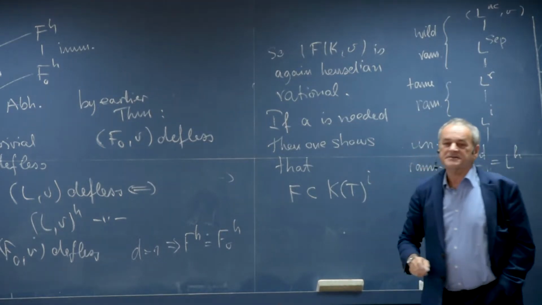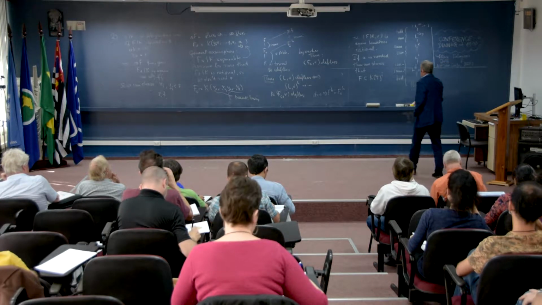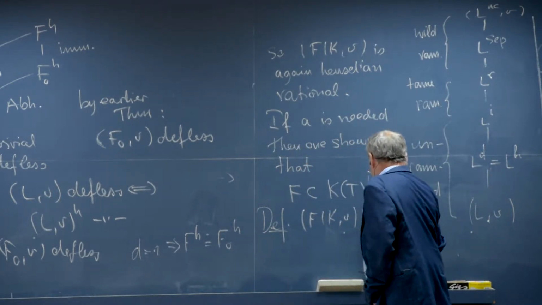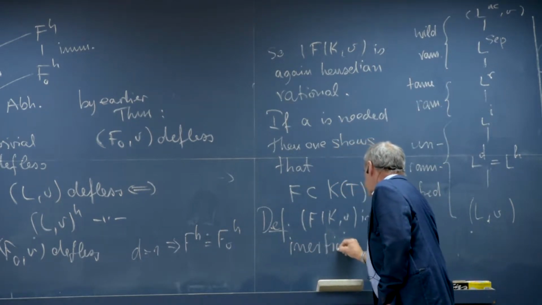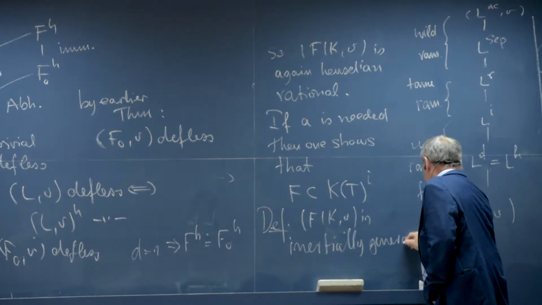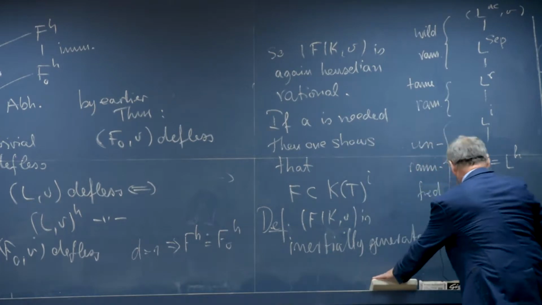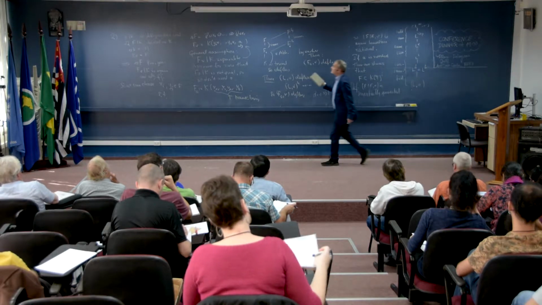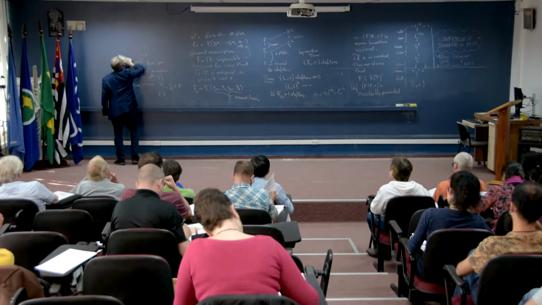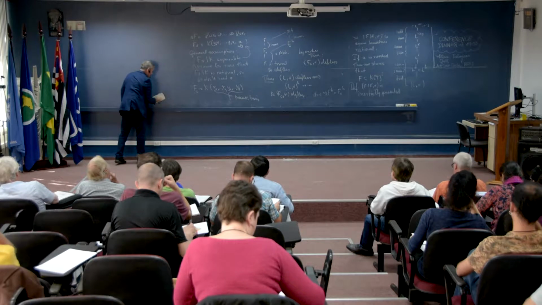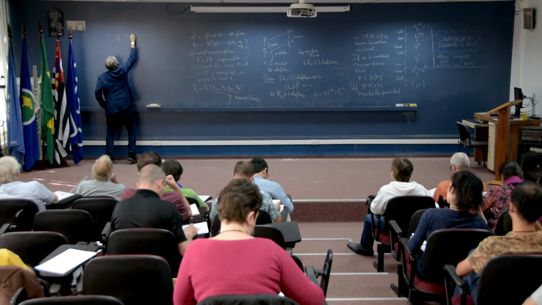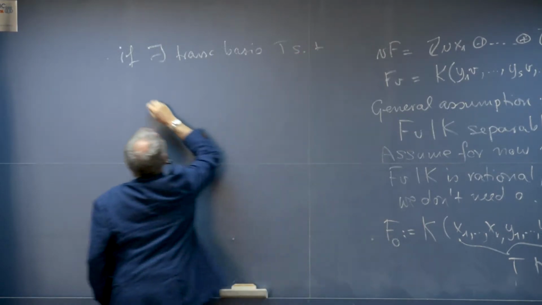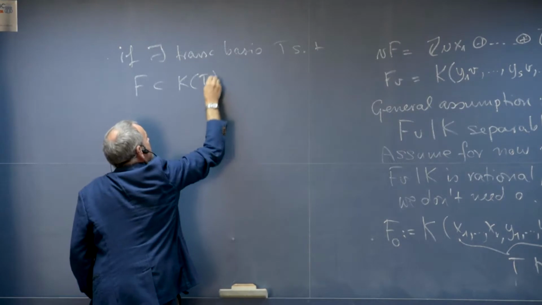So we are inside the absolute inertia field. And we define: F over k is inertially generated if there exists a transcendence basis T such that F sits inside k(T), the absolute inertia field.